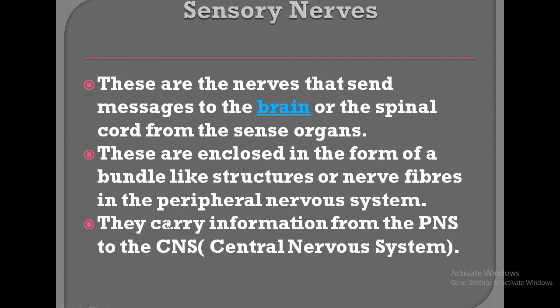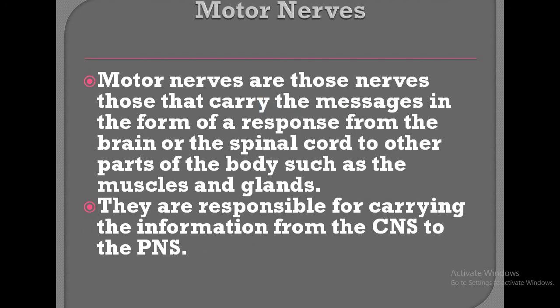These are enclosed in the form of a bundle-like structure or nerve fiber in the peripheral nervous system, and they carry the information from the PNS, that is the peripheral nervous system, to the CNS, that is the central nervous system. The parts of the central nervous system are the brain and the spinal cord. Now what are motor nerves?